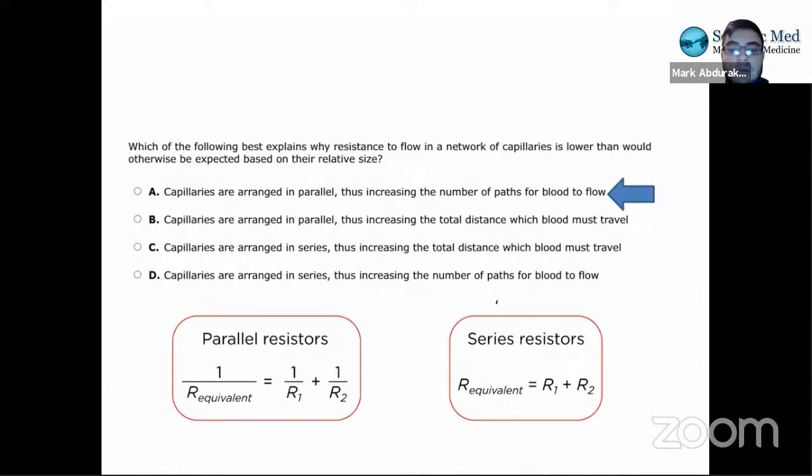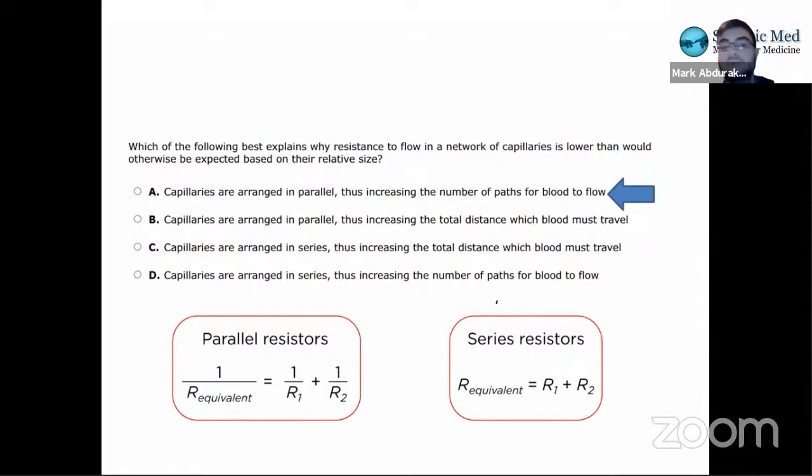If we were going off regular series rules, you would just add up the resistances of each one, and that would be the total, which would give you a pretty high resistance. But they asked why the resistance of a network of capillaries is lower than would otherwise be expected.